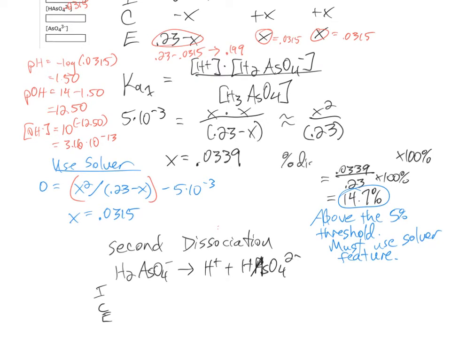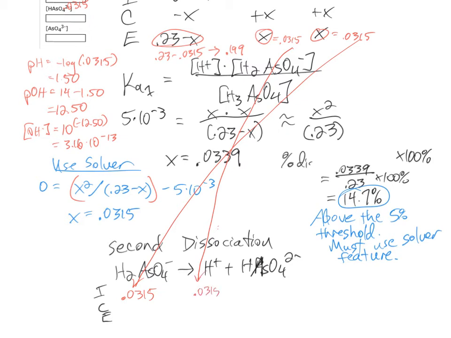It's really important to note that at the end of the first ice table, we had found the concentration of H2ASO4 minus and hydrogen. Those numbers are going to get plugged in as the initial values for the second dissociation. And the reason for that is this dissociation happens in sequence.